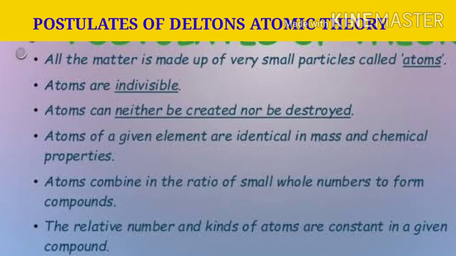Atoms can neither be created nor be destroyed. Atoms of a given element are identical in mass and chemical properties. Atoms combine in the ratio of small whole numbers to form compounds. The relative number and kinds of atoms are constant in a given compound.